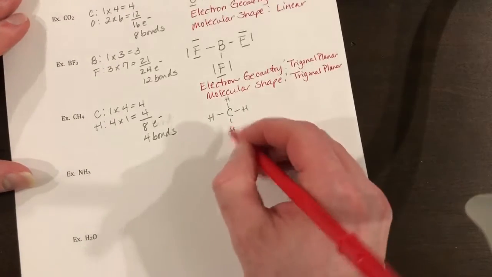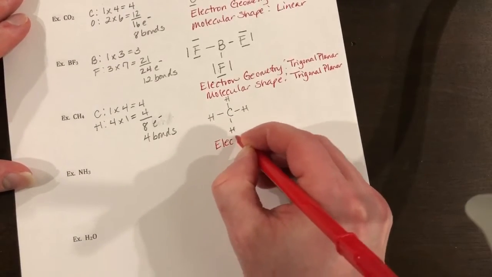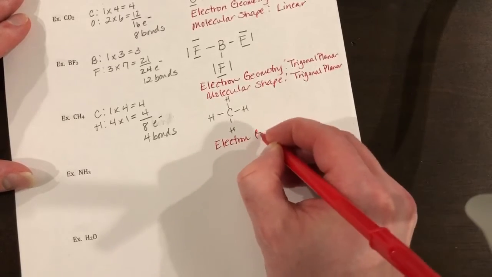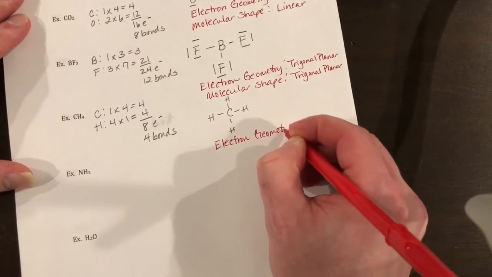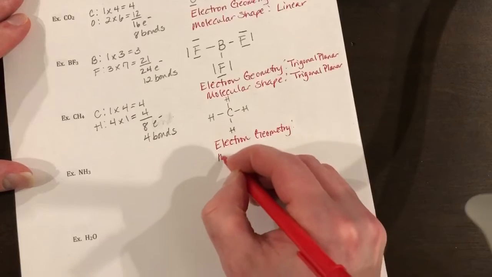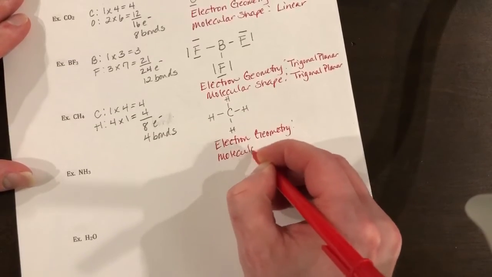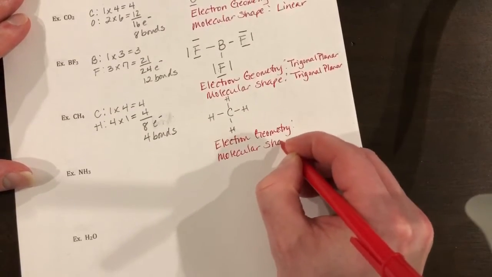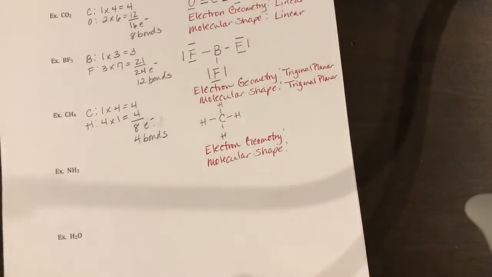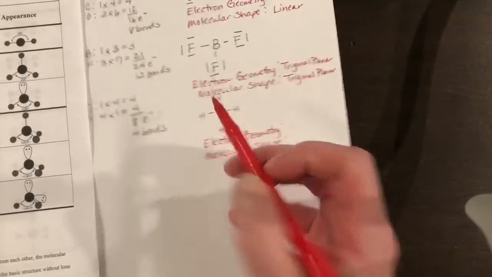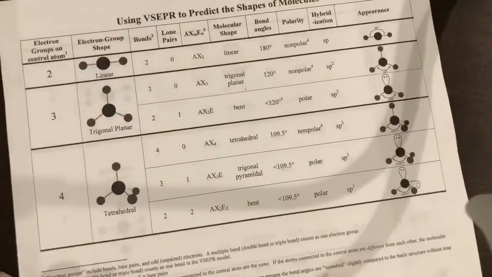Our electron geometry. And our molecular shape. Okay, so our electron geometry. So we have 4 bonding domains and 0 lone pairs.